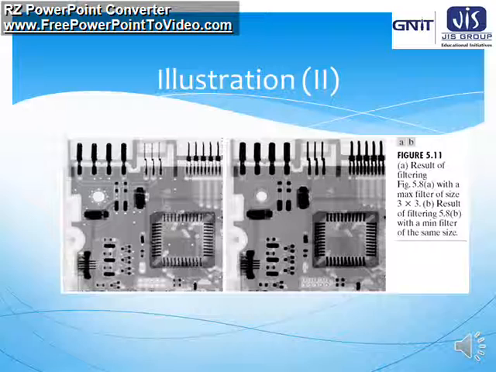So this is another example of filtering techniques. Now if it is clear to you we will move forward to the next slide.